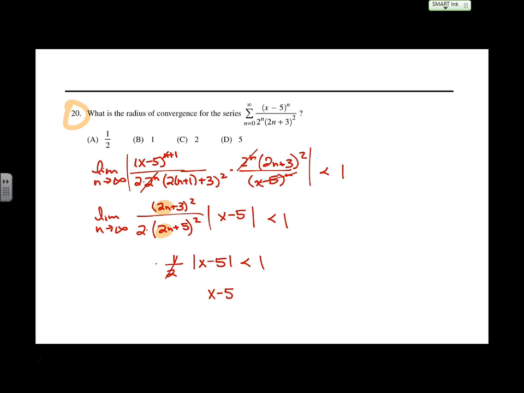We multiply both sides by 2. We have less than 2 and greater than -2, at which point we end up with x between 3 and 7. My radius is equal to 4? No, over 2. 7 minus 3, all over 2. Final answer, C.